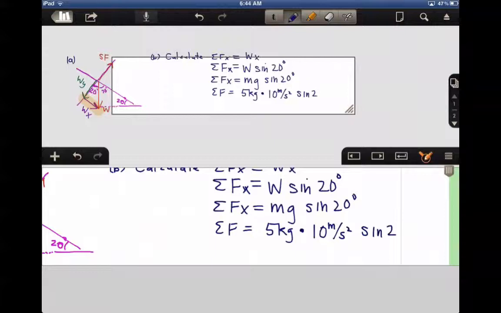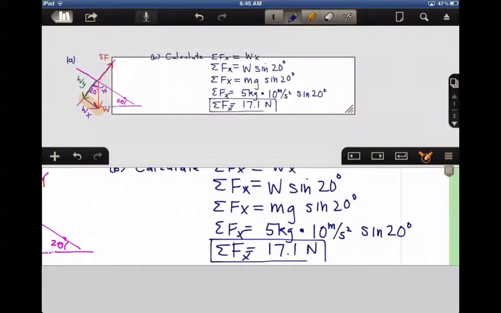Times sine 20. So 50 times sine 20. Let's see what that gets us. Yep. 17.1 newtons. This is in the x direction. So that's the answer to C. So that means this rock is being pulled down along the incline with a force of 17.1 newtons.